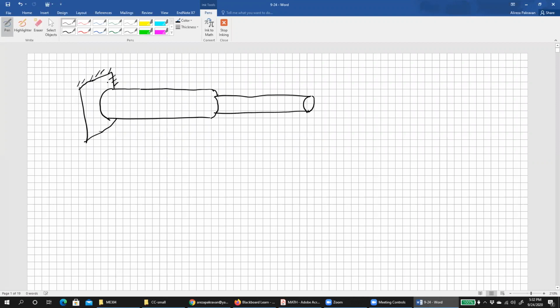Let's see, I have a torque here of 5 kilonewton meter, and the torque here 10 kilonewton meter, and the torque here 7.5.